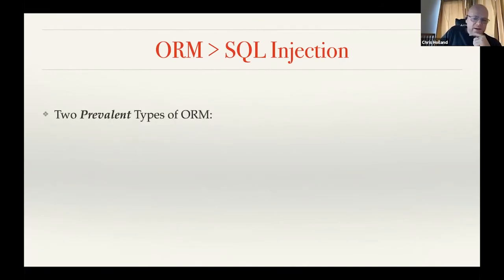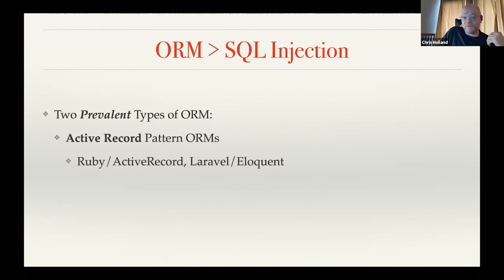If you work with ORMs, there are many types of ORMs, but in my experience, I've come across two prevalent types. One is active record pattern ORMs. If you work in Ruby, you have Ruby's Active Record. If you work with Laravel and PHP, you have the Eloquent ORM as well. I work most with data mapper pattern ORMs.